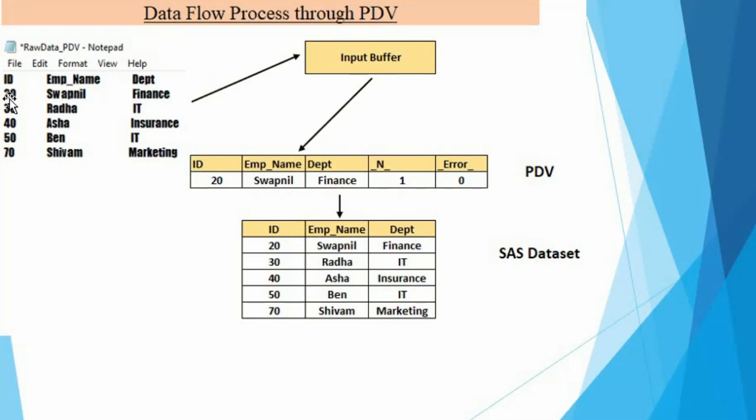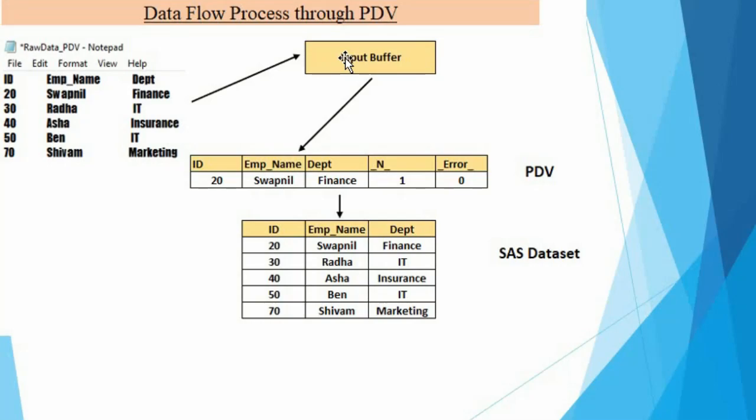If you notice, we have three variables: ID, employee name, and department. ID is a numeric variable, and employee name and department are character variables. It stores the raw data, whatever raw data we receive from the client. Suppose this is the data that we receive directly from the client. We directly store it in the input buffer.